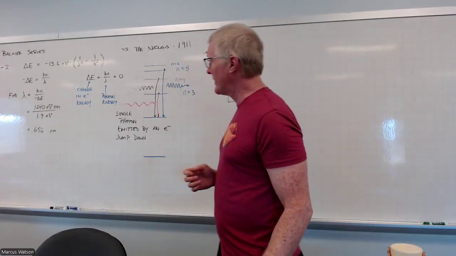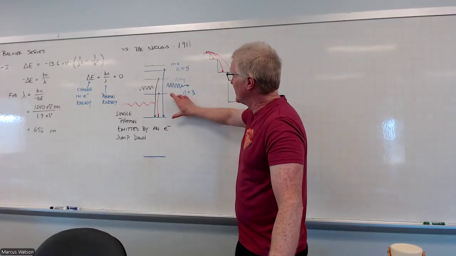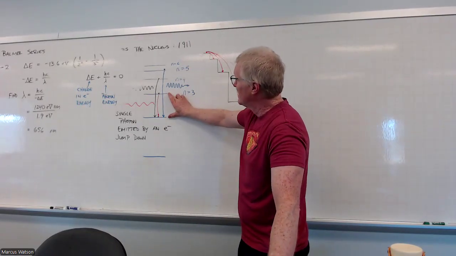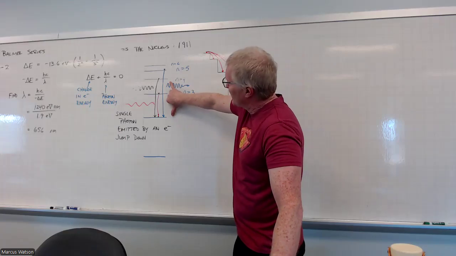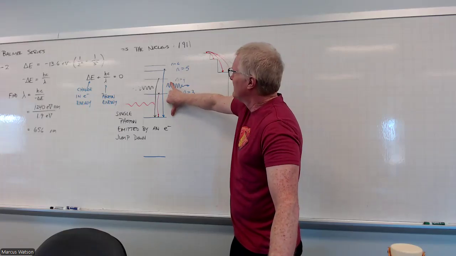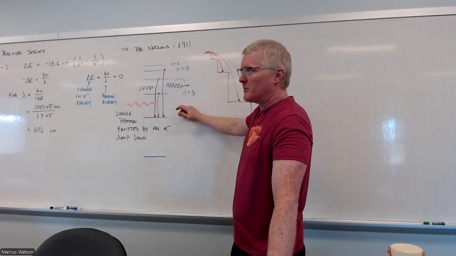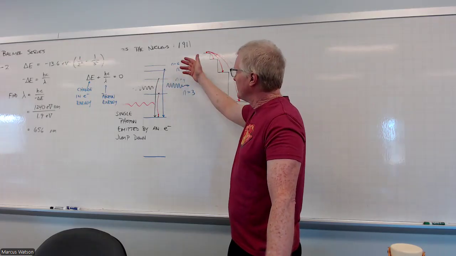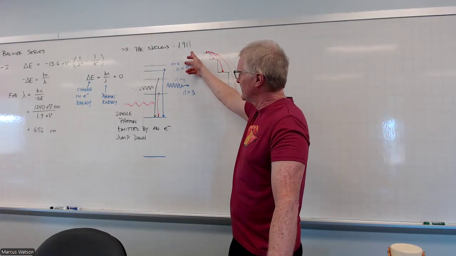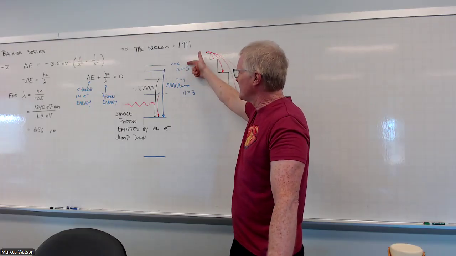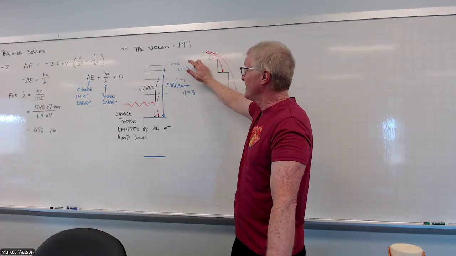And so that would be the calculation of the red emission between the 3 and 2 states. And then you can go to the 4 and 2 states and find it's kind of a green, and then you go to the 5 and find it's kind of blue, and then you go to the 6 and find it's a violet, barely in the seeing range. For me, it's really hard to see the violet one.